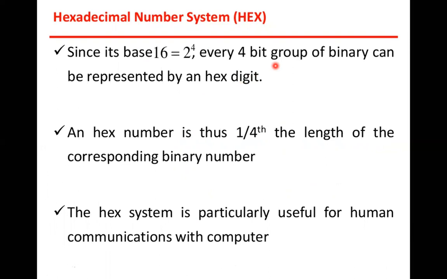So if you have 8 bits, I say 2 nibbles, we can make it into the form of 4-bit groups and straight away convert into hexadigits. A hexa number is thus 1/4 the length of the corresponding binary number, whereas in the case of octal number it was 1/3, because every 3 bits we made one group. Here every 4-bit group is made as one group. The hexa system is particularly useful for human communication with computers.